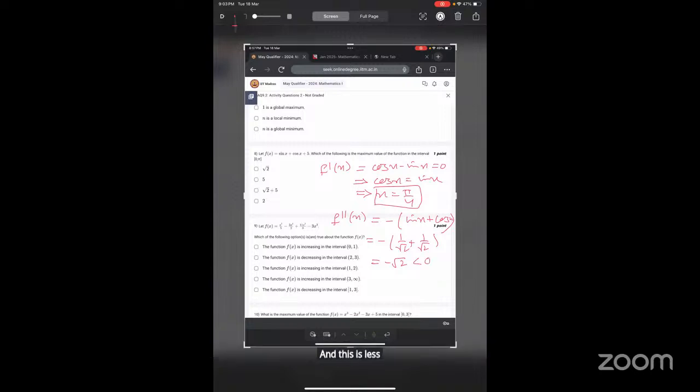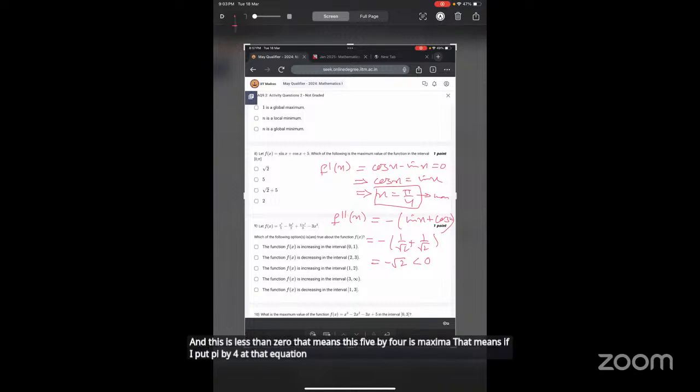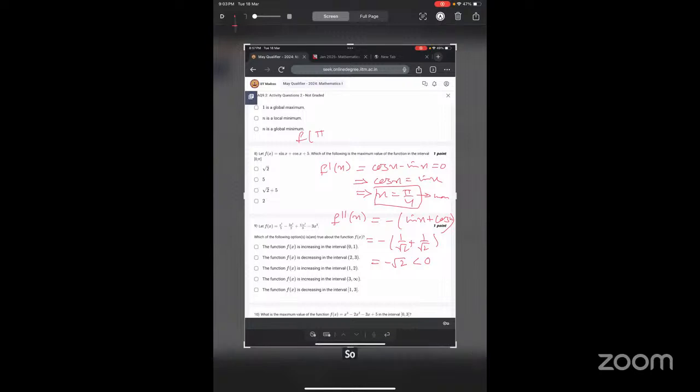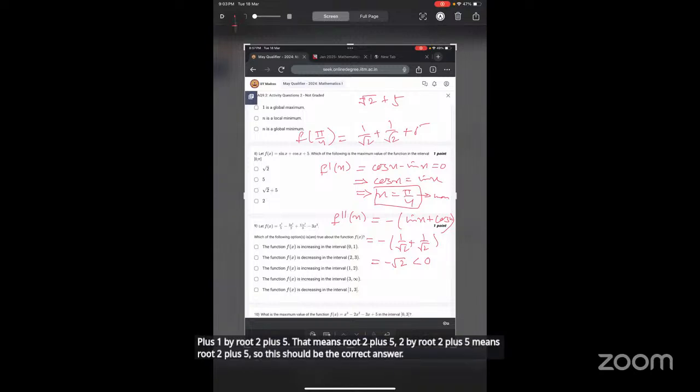That means pi by 4 is maxima. So we have to calculate f of pi by 4, which is 1 by root 2 plus 1 by root 2 plus 5. That means root 2 plus 5, right? So this should be the correct answer. Okay.